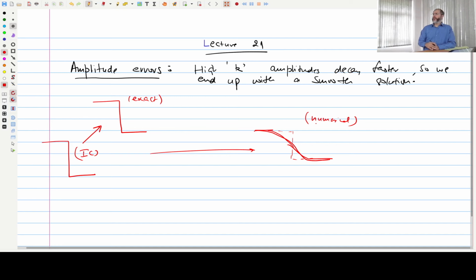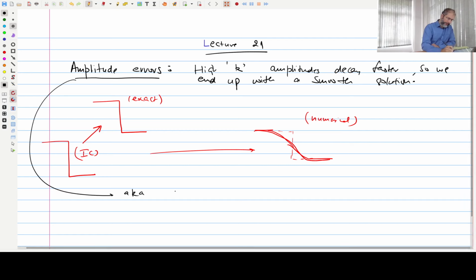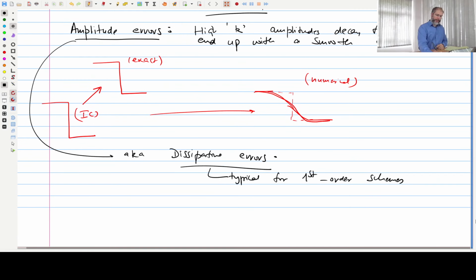So whenever we see this behavior where the sharp points get smoother, you can clearly figure out that this is because of amplitude errors or because of the first order upwind scheme. And these errors are also called dissipative errors. And this is typical for first order schemes.